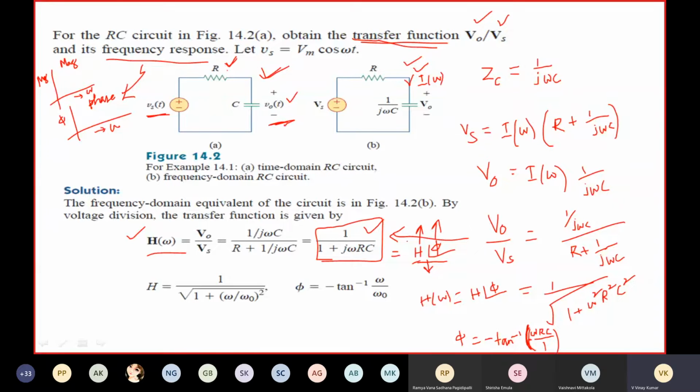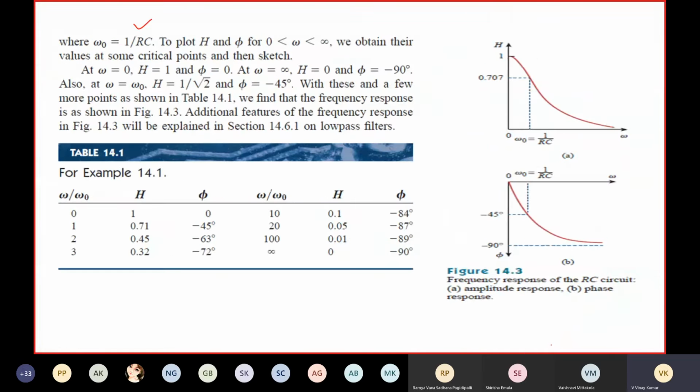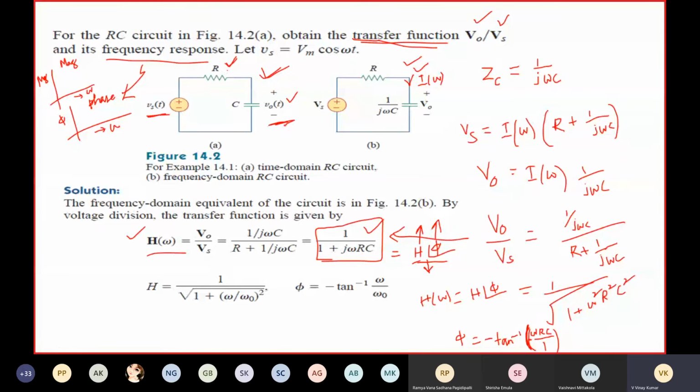When it comes to the numerator, you're going to get this minus. So minus tan inverse of omega RC by 1. If omega naught is equal to 1 by RC, then this would be omega by omega naught whole square.